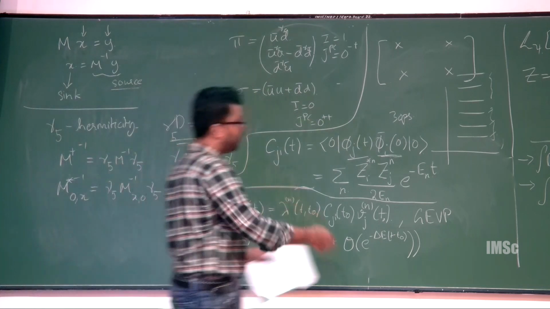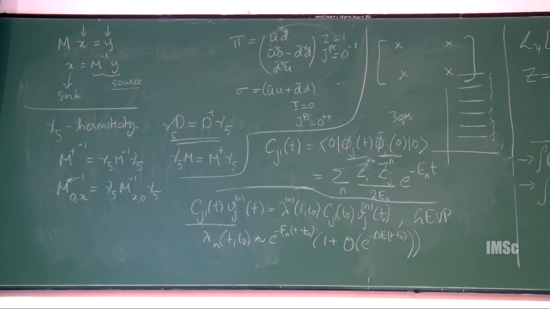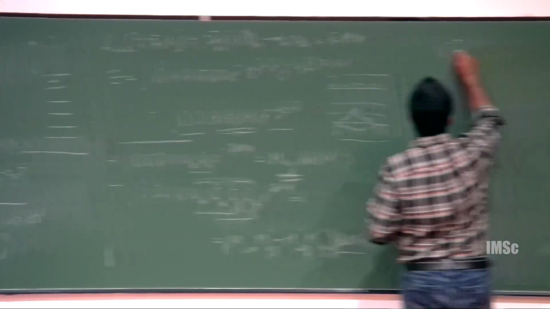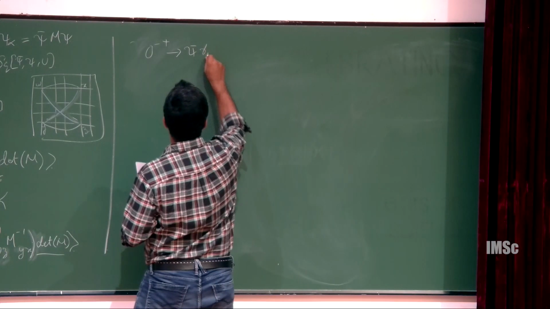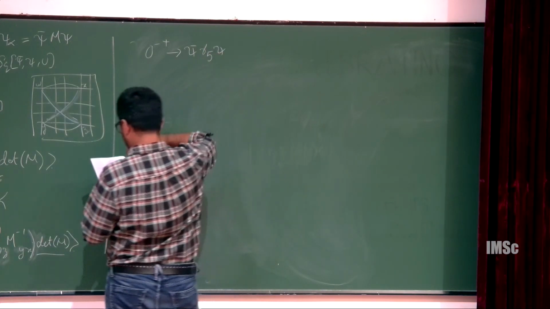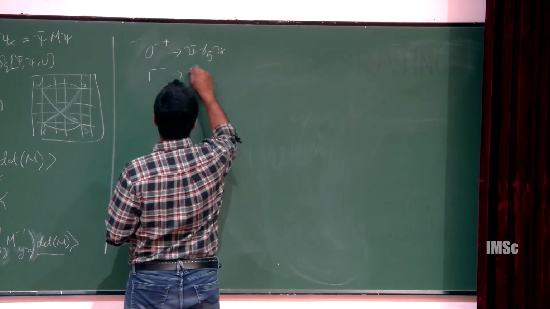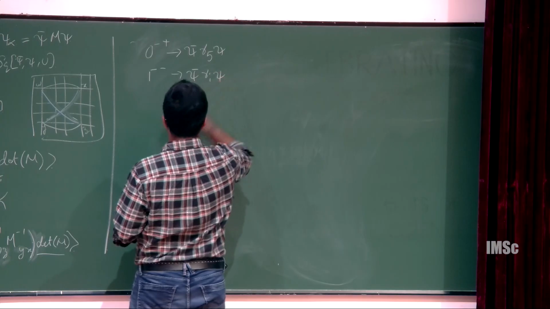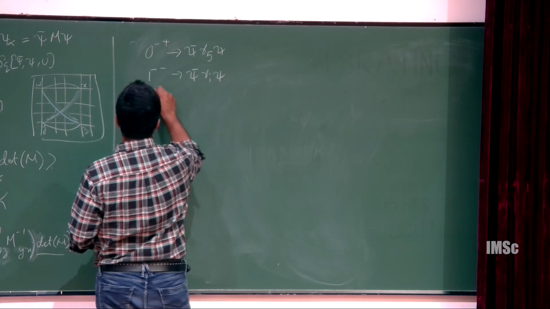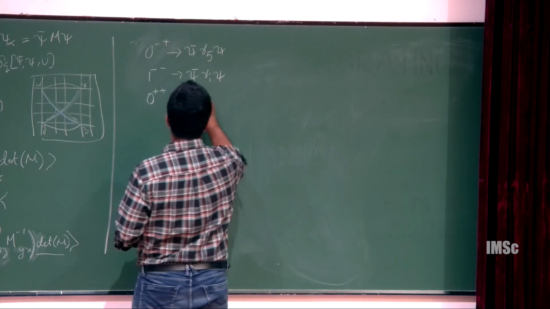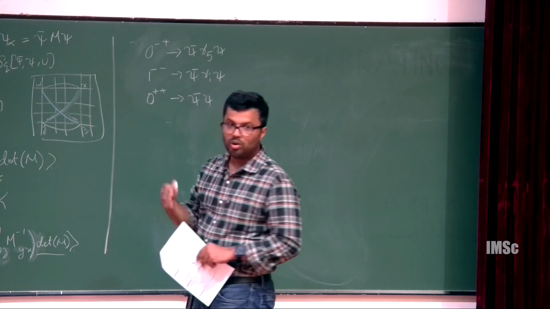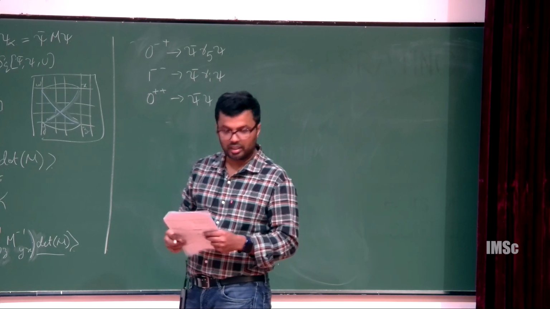So you already saw a pion operator or a pseudoscalar operator. You can similarly construct a vector operator. Similarly for scalar you can construct this. I assume you already know it from your standard field theory exercises.